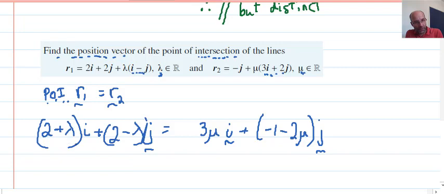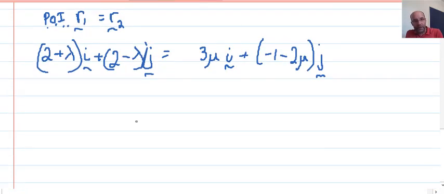So let's get to work. What we have is to equate parts, so equating components. In terms of the i component, we have 2 plus lambda equaling 3 mu.